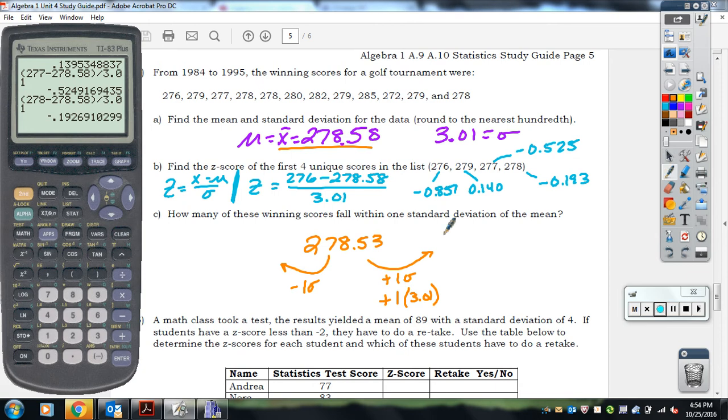Sorry, this guy froze a little bit. It's a 281.59. Thanks for bearing with me.